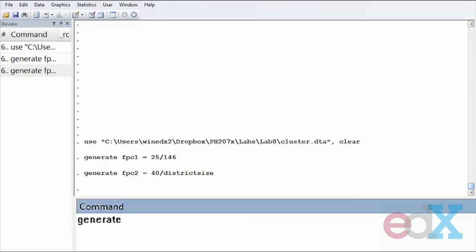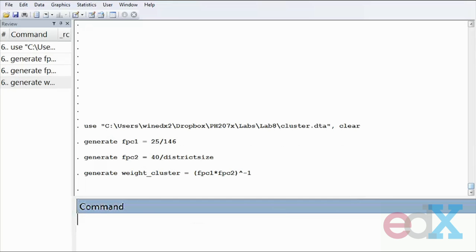So we would say generate weight cluster is equal to parentheses FPC1 times FPC2, close parentheses, and invert that guy. So raise it to the -1 power or do 1 over that fraction. So now we've defined our finite population corrections and our weights, and we can survey set our data.